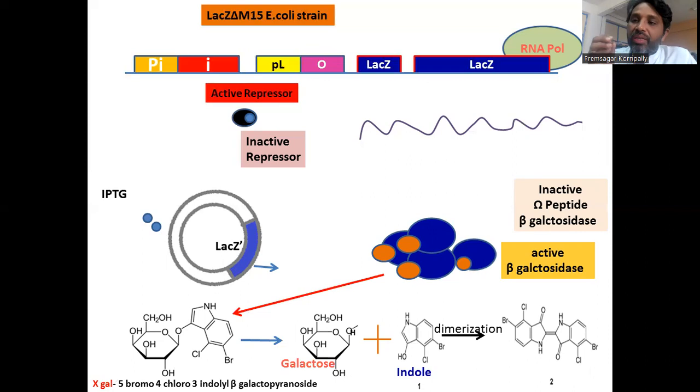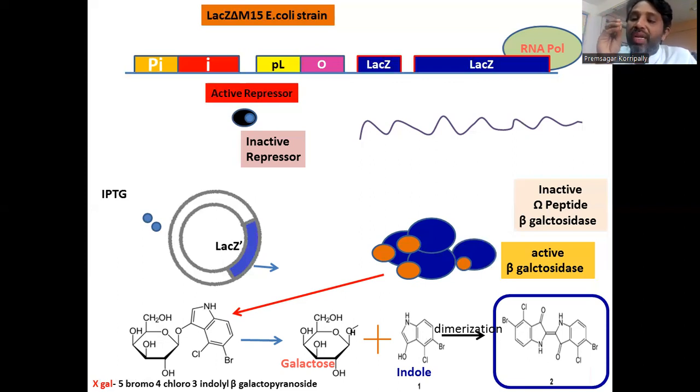So whenever an E. coli strain transformed with pUC18 is plated on IPTG plus X-gal, the colonies look blue in color, because the active enzyme is produced with the alpha peptide of the vector and the omega peptide of its genome, and the functional tetrameric beta-galactosidase hydrolyzes the X-gal to form a blue color.